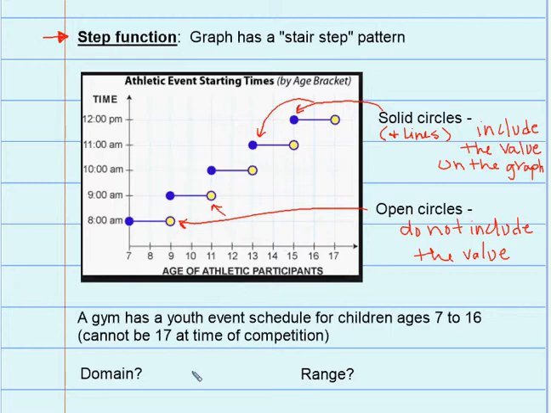So the domain in this case would be the numbers 7 through 17, and then you might want to make a note that says it does not include 17. Okay, so in this case it's a very restricted set of numbers, set of values. It's only 7 up through but not including 17. What about your range? The range in this case is 8 a.m.